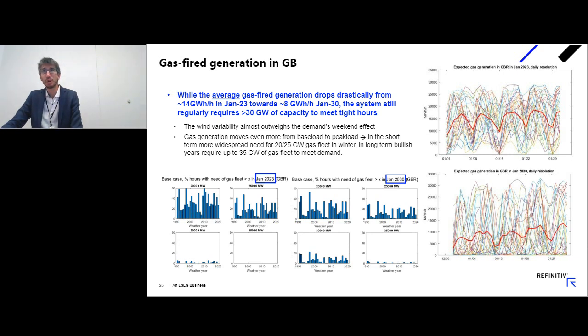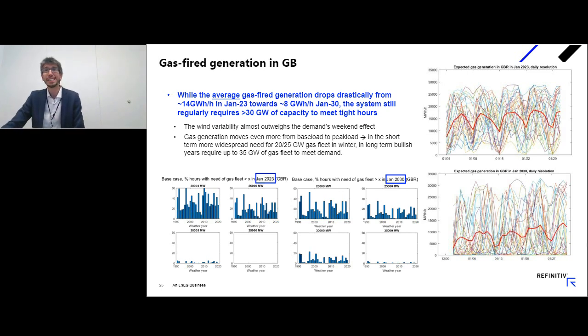Here you start to see a lot more scatter across the weather years, already at this relatively small gas fleet size. And what you can see is that the more you increase the gas fleet, the more the bullish years still appear in this chart. So here you have a non-negligible amount of hours, 2, 3, up to 5% of the hours, where you will need, in hourly resolution, a gas fleet larger than 35 gigs, which is something you never see in the current winter or next winter.